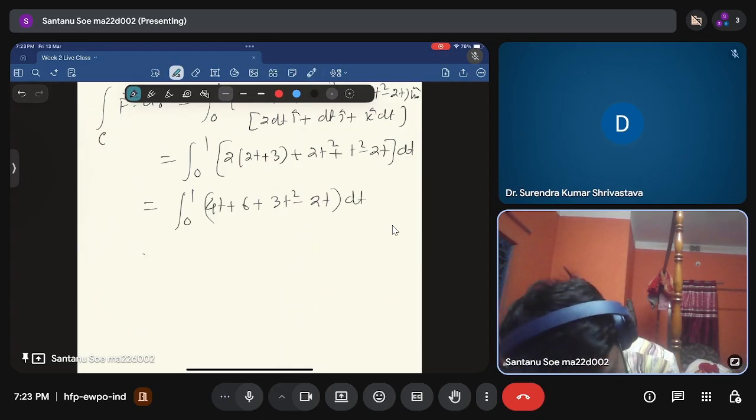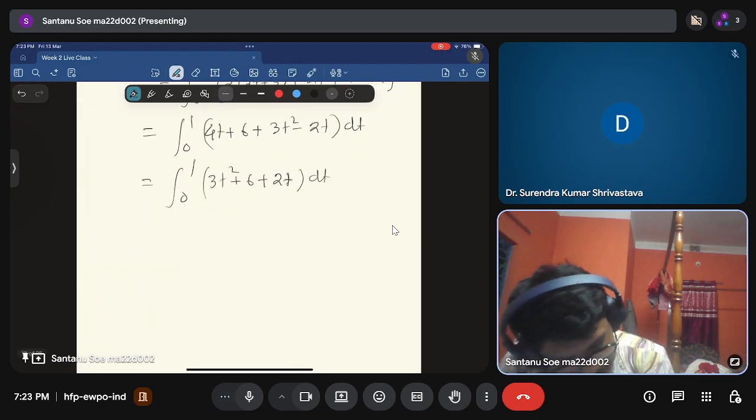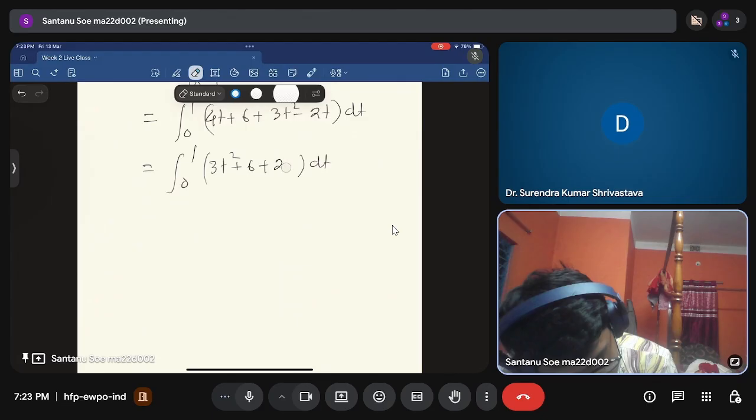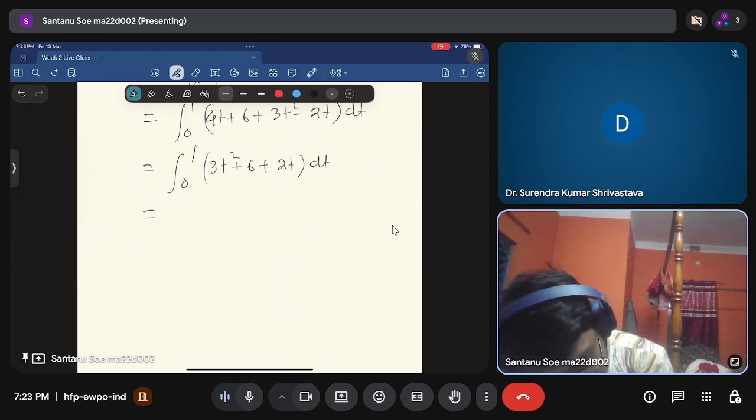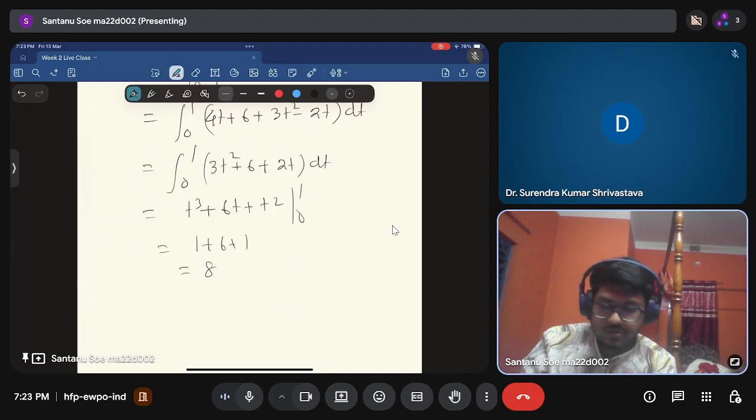So this is 0 to 1, 3t square plus 6 plus 2t dt. So this is t cube plus 6t plus t square, 0 to 1. So this is 1 plus 6 plus 1, which is 8.